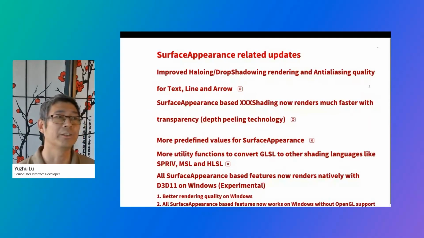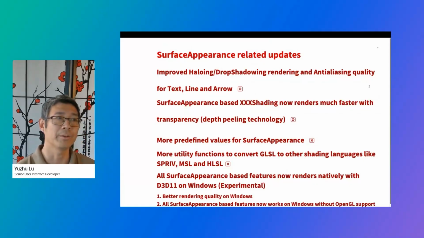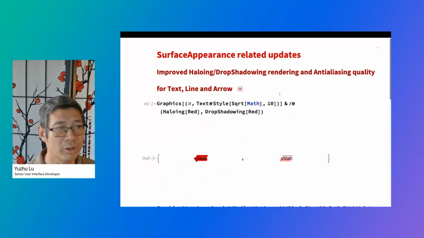Next, I'm going to talk about the recent updates about SurfaceAppearance and SurfaceAppearance-based features. Like for haloing and drop shadowing, the rendering quality has been improved. It now has much better anti-aliasing quality.